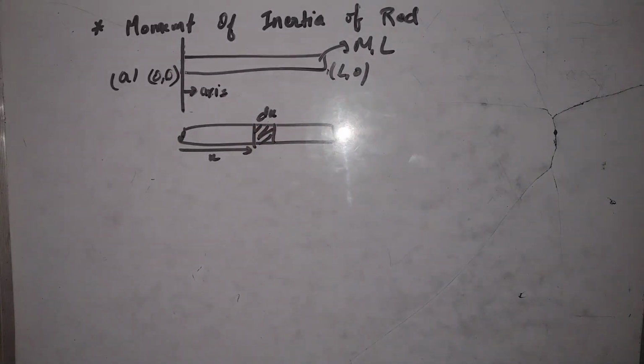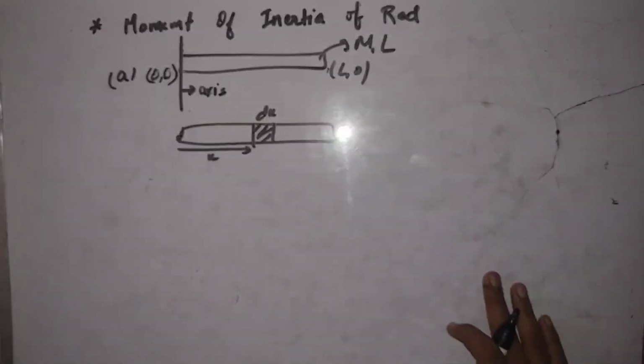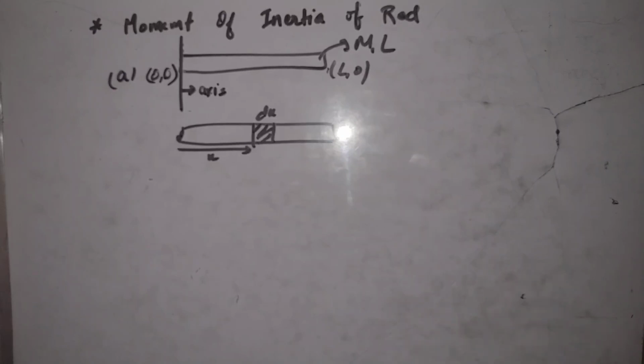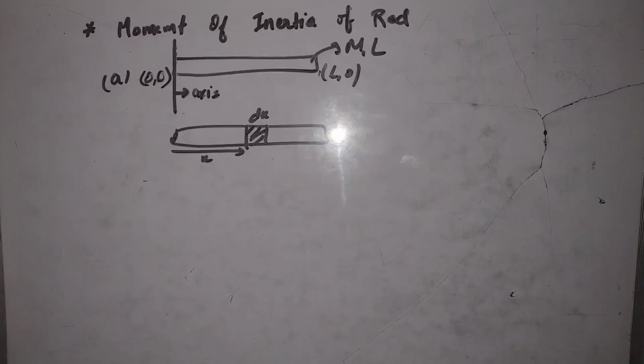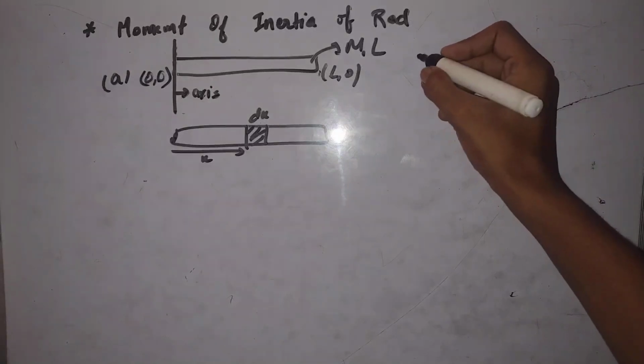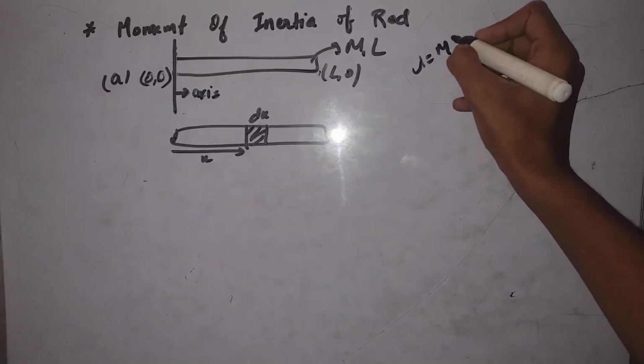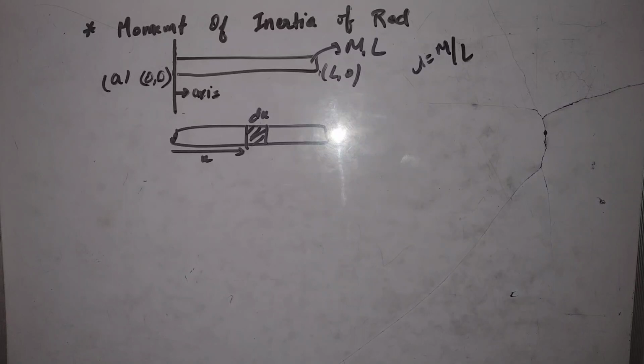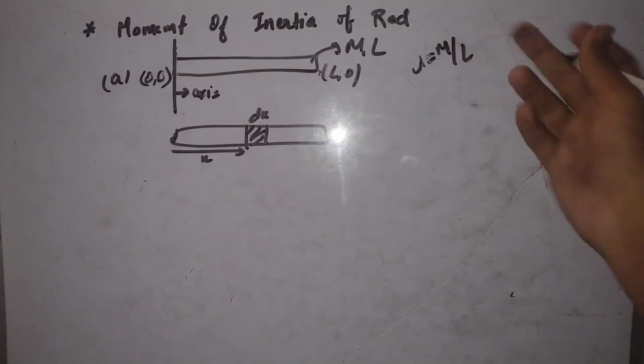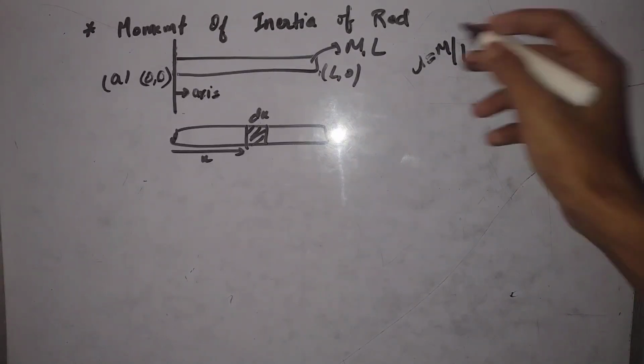Now if this rod has mass m and length L, what is the mass density? We are calling it lambda, and lambda is mass upon length of the rod. So every unit length has this mass lambda.